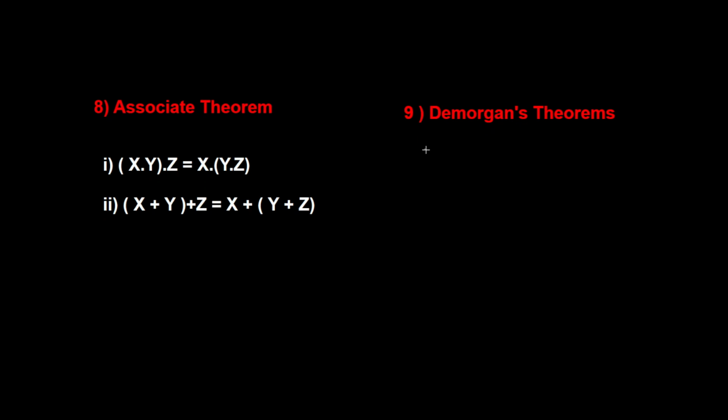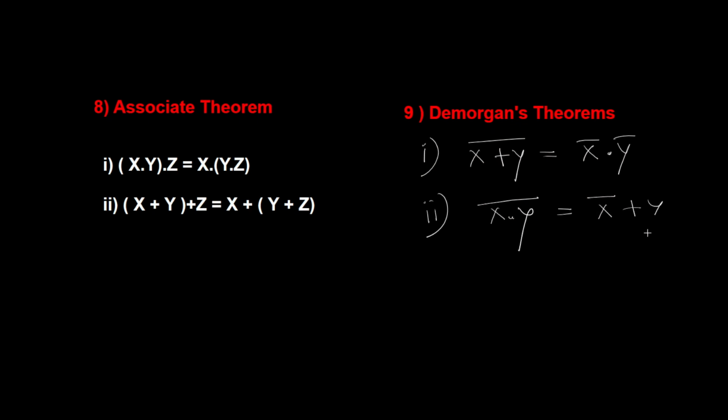Number 1 is (x plus y) complement equals x complement dot y complement, and number 2, (x dot y) complement equals x complement plus y complement.